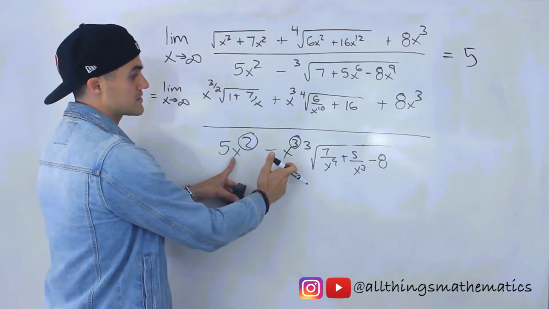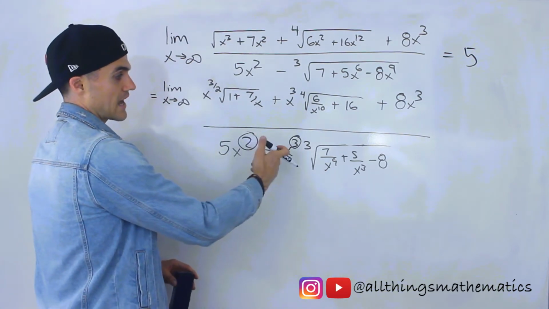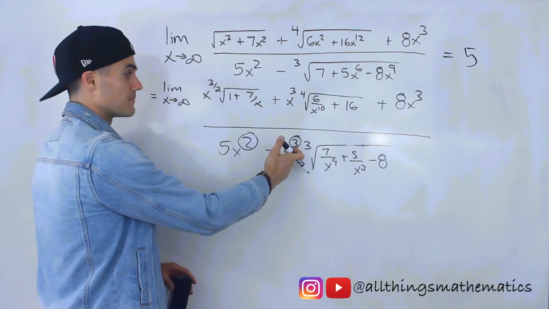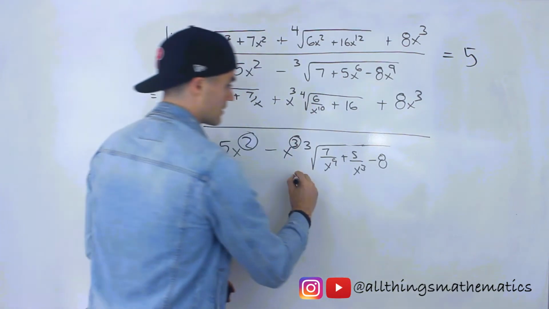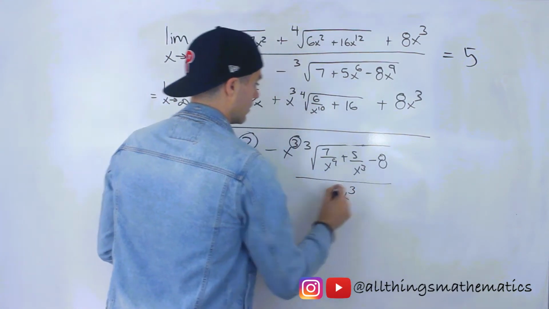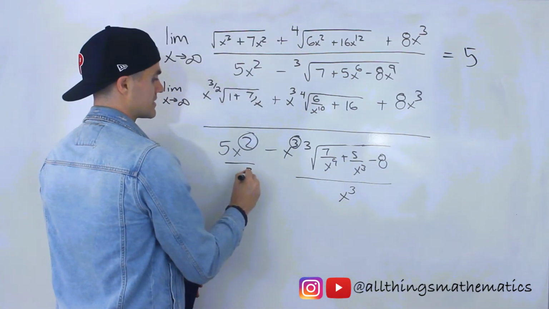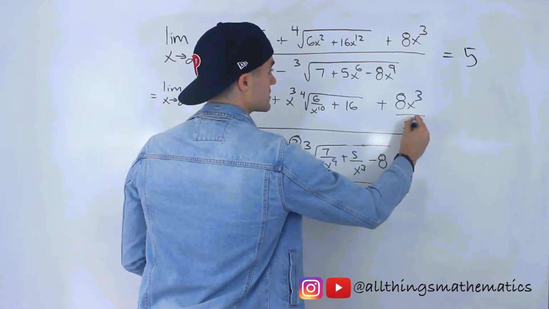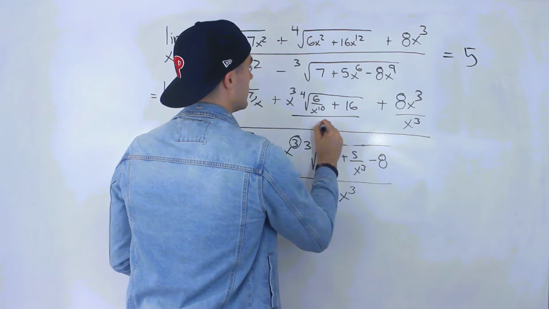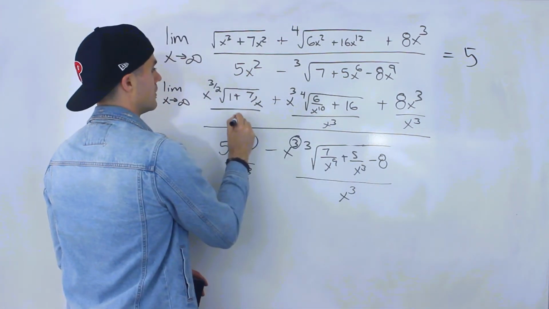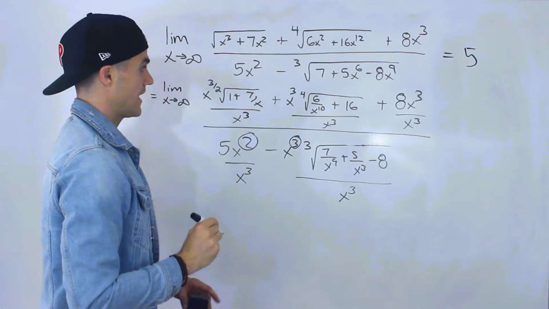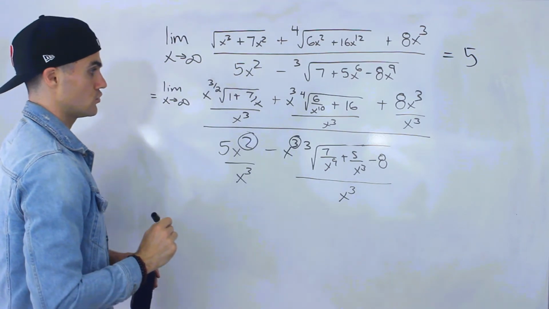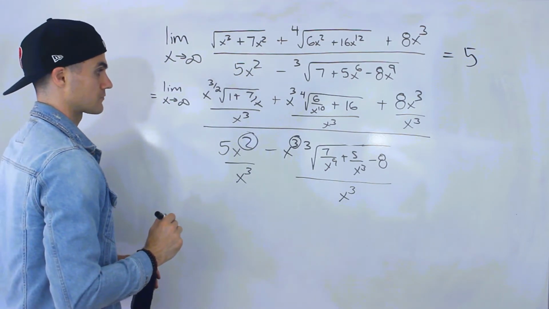We would just look at these two. So what's the highest exponent? x to the 3, meaning that everything now gets divided by x to the 3, everything in the denominator, and then everything in the numerator as well.